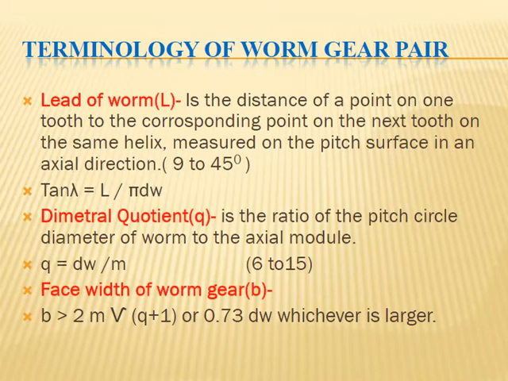And for the transverse module m, we must know that there are two choices recommended by ISO in mm. The standard module first choice is 1, 1.25, 1.5, 2, 2.5, 3, 4, 5, 6, 8, 10, 12, 16, 20, 25, 32, 40 and 50.